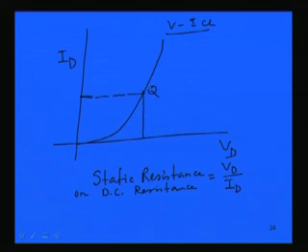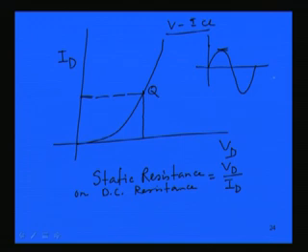But when you have a signal being given to the diode, like a sinusoidal voltage, then as you can see, this voltage signal is going from a very high peak value to a lesser value like that. Now, if we apply a varying AC signal, we have to find out the dynamic resistance.